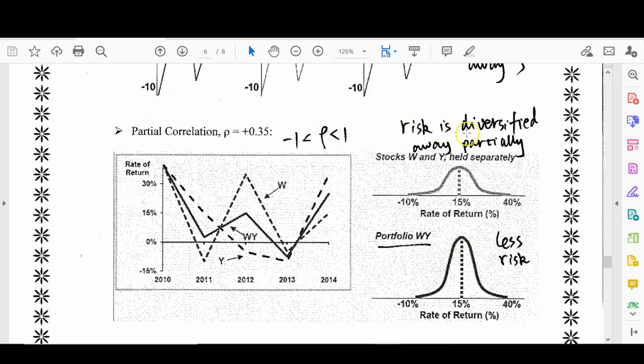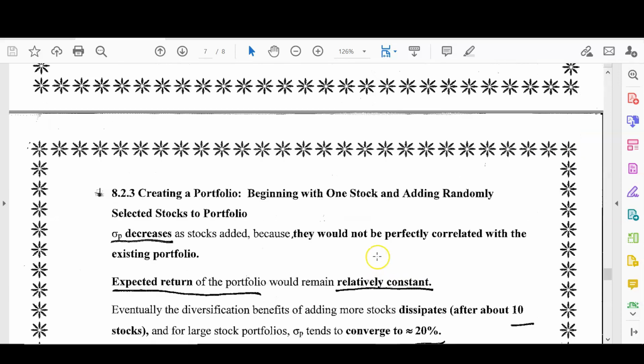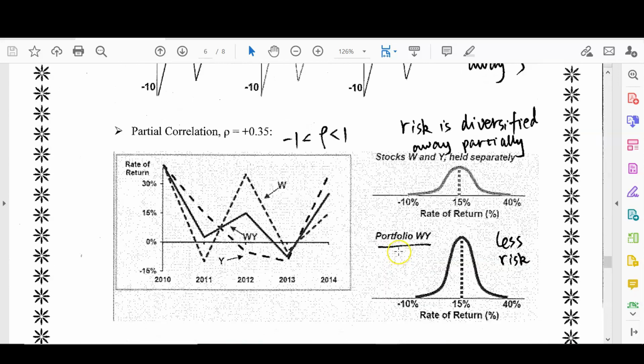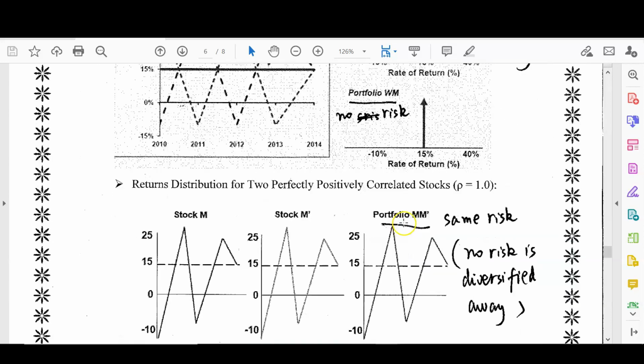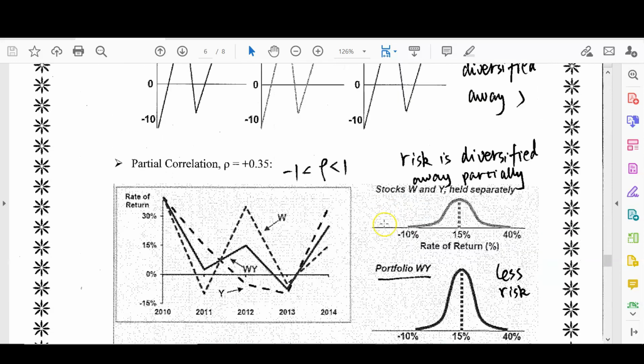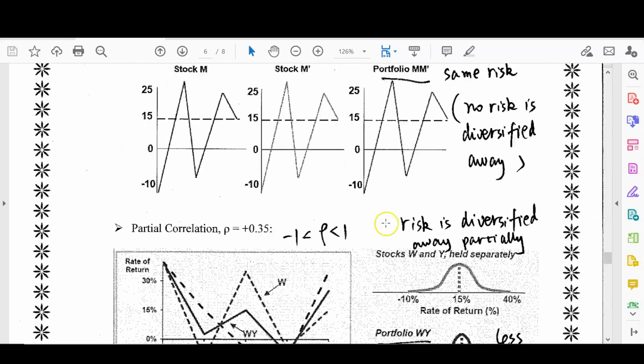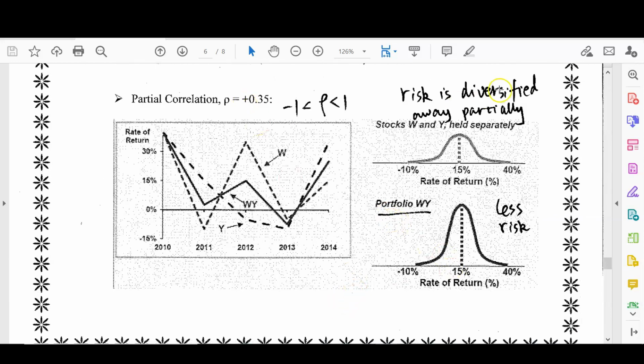Risk is diversified away partially. The first best case and second worst case are hard to see in the market, but the third case, partial diversification of risk, is very common. So we like to form portfolios instead of holding a single stock, because we can minimize risk.